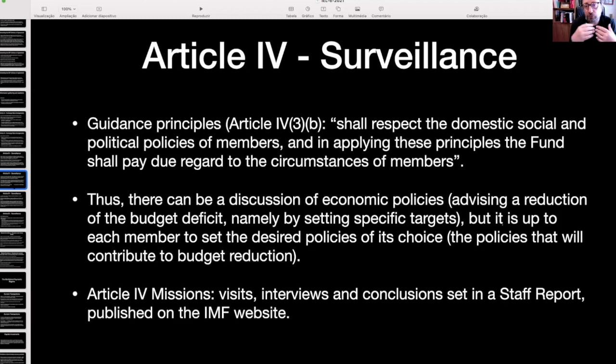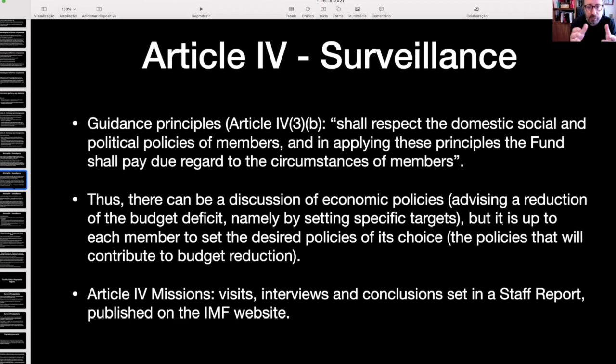Now, in order to allow the IMF to perform this role, they conduct what is called Article 4 missions. And these are missions whereby staff of the fund visit the capital of a member.